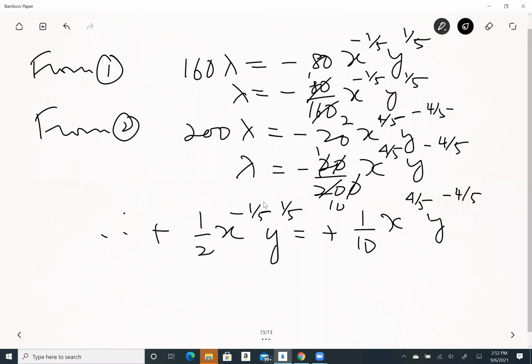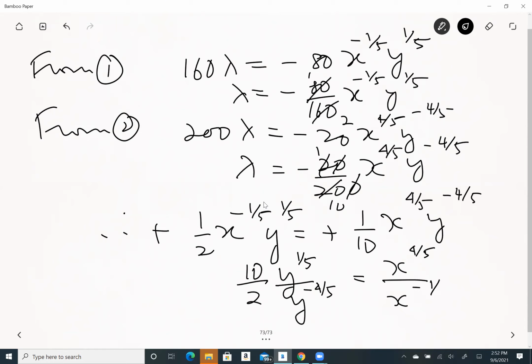You bring the 10 to the left, so you got 10 over 2, y to the power of 1 over 5. You bring the y here, and then you bring x to the other side. So x 4 over 5 divided by x negative 1 over 5.